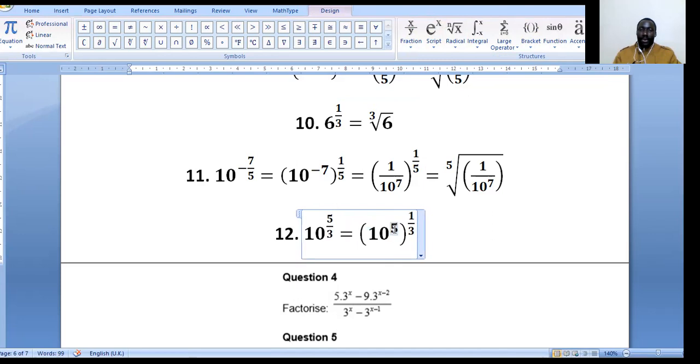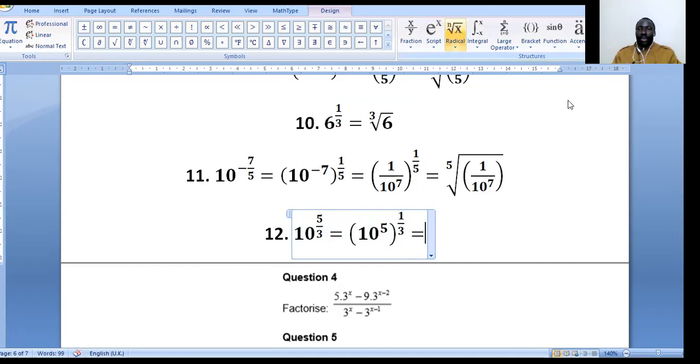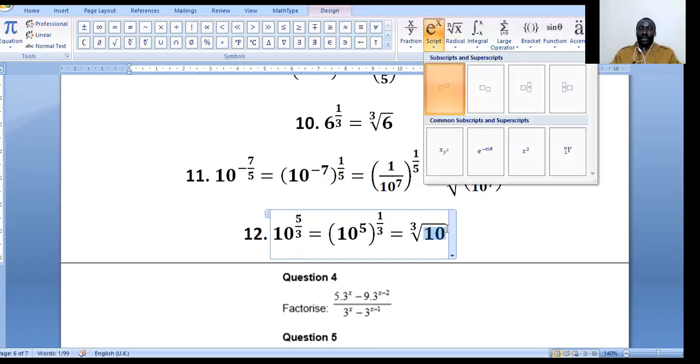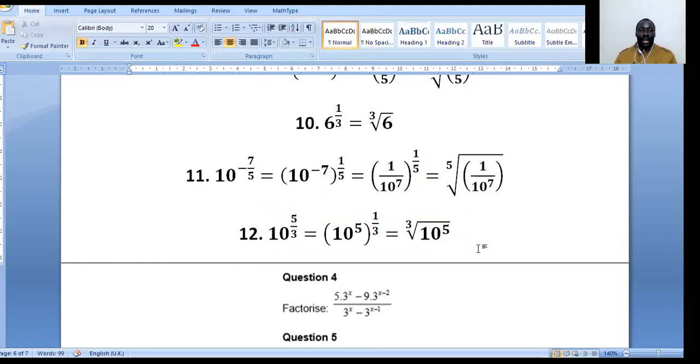So now, this is the cube root of 10 raised to power 5, which is written as this. So we write this as the cube root of 10 raised to power of 5.